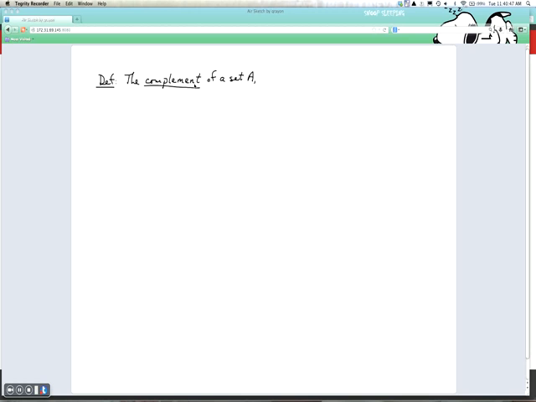of a set A, and the notation we use for this, we'll put A, but then we put a bar over the A. Okay?